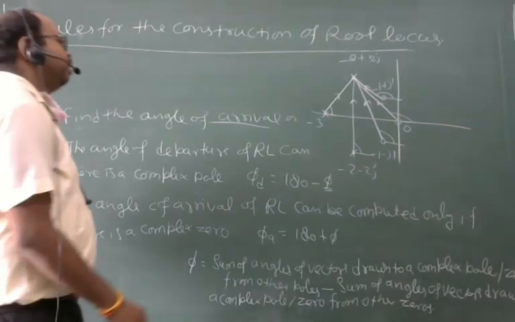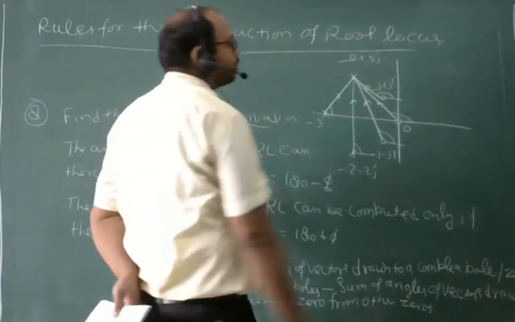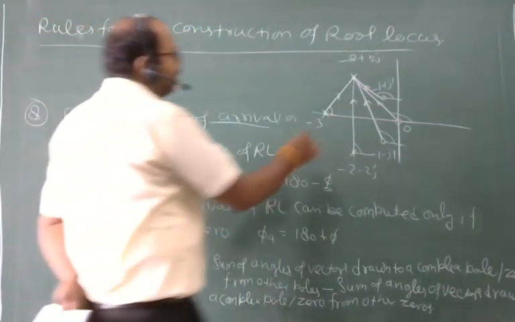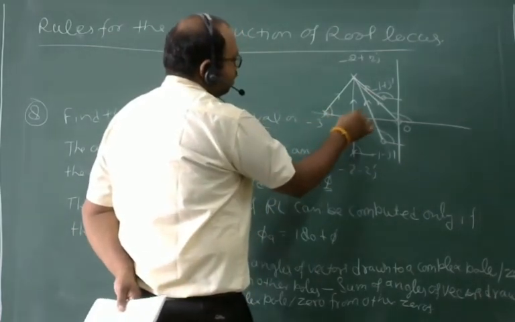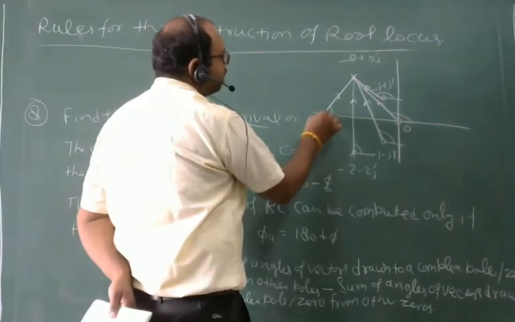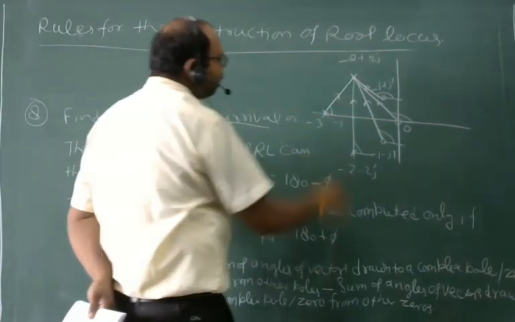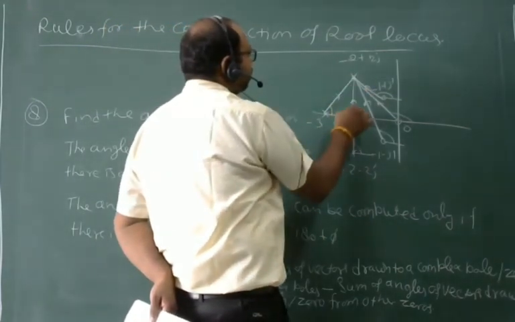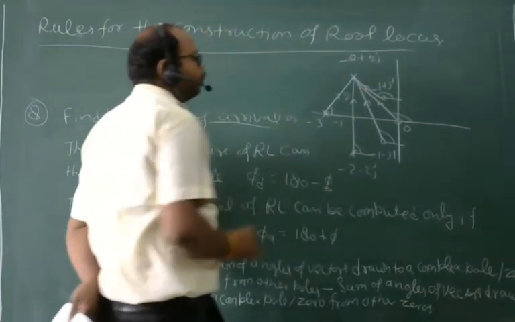And to compute the angles, here this point is minus 2 plus 2j and this is minus 3, so this difference is minus 1, and this is 2j, so this is 2.